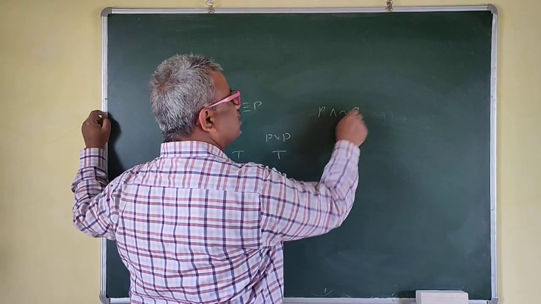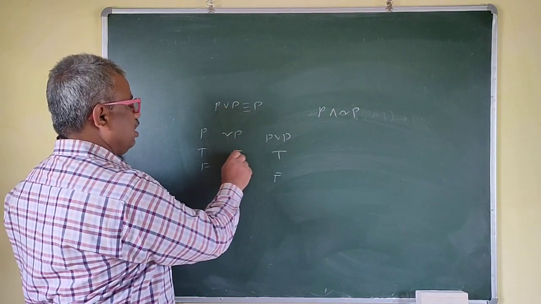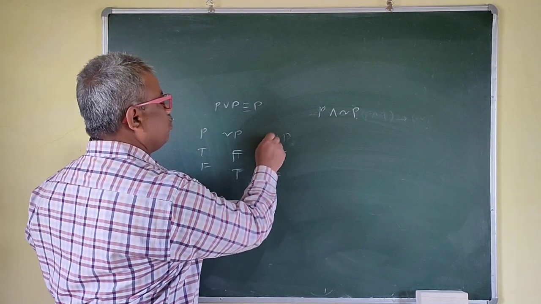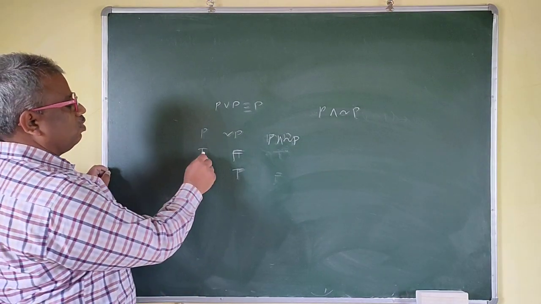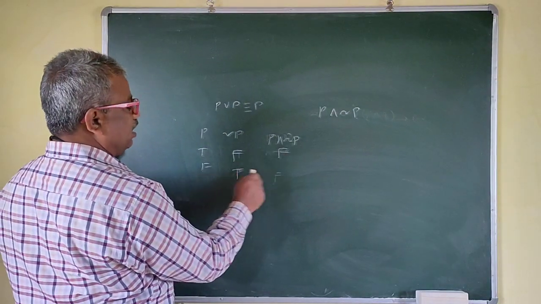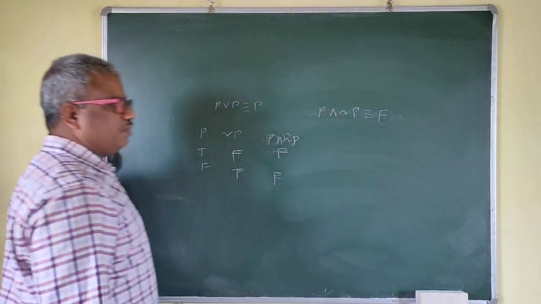Suppose P and negation P is somewhere now. Negation P will be F, T. So P and negation P: T and F is F, F and T is again F. That means this is equivalent to F now.